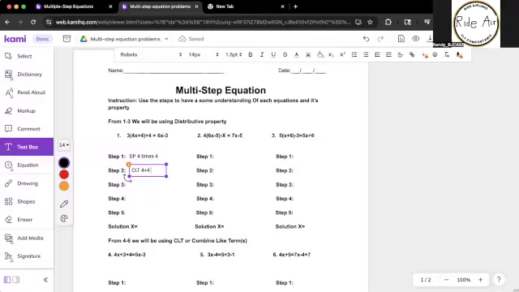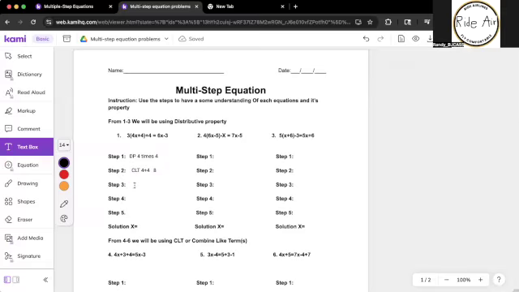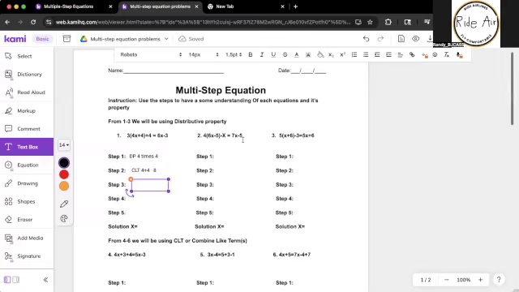Combine like terms, and you're going to get an 8. The next step, step number 3, is subtract 8 on both sides.